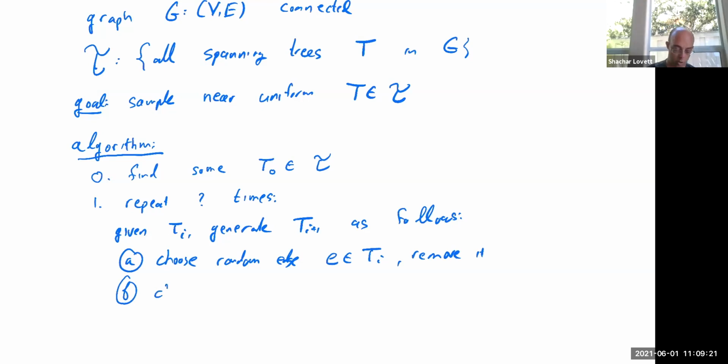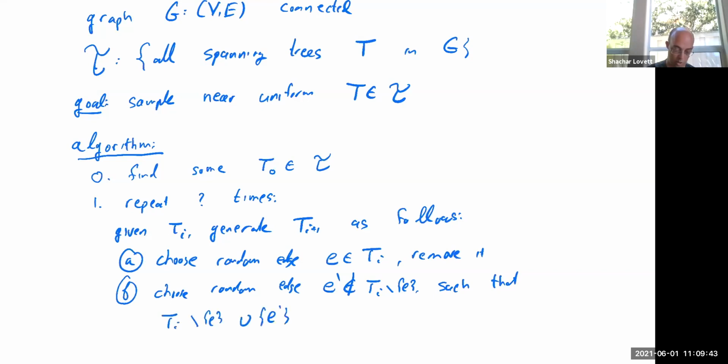So choose a random edge E prime, which is not in Ti minus E, and such that Ti minus E union E prime is a spanning tree. And then add it.